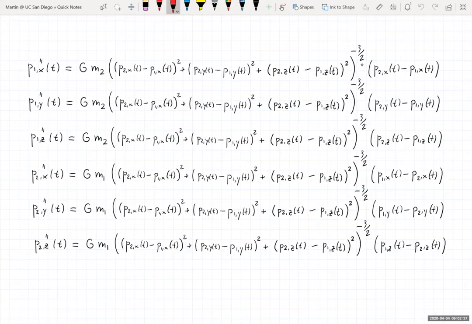What I've simply done here is I've rewritten these two differential equations with the two vector-valued unknowns in terms of 6 differential equations with 6 scalar-valued unknowns. I've only unwrapped the vectors.